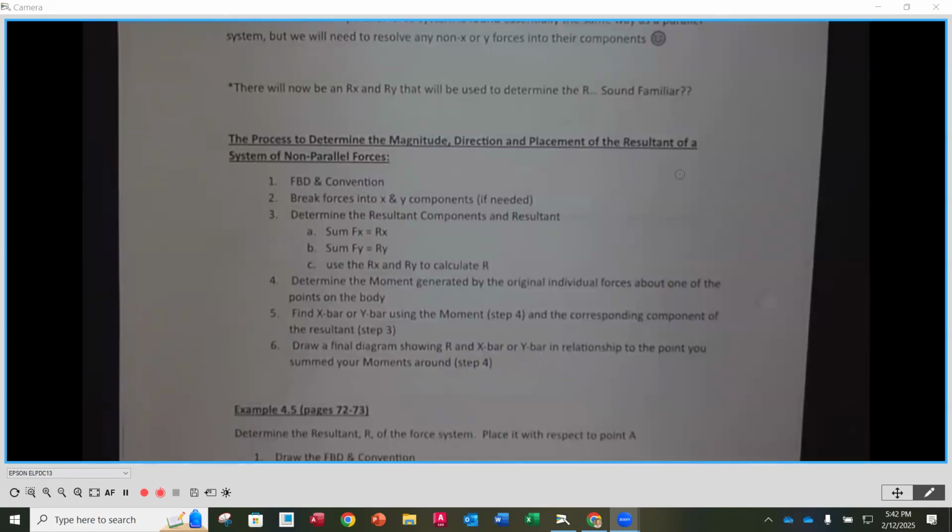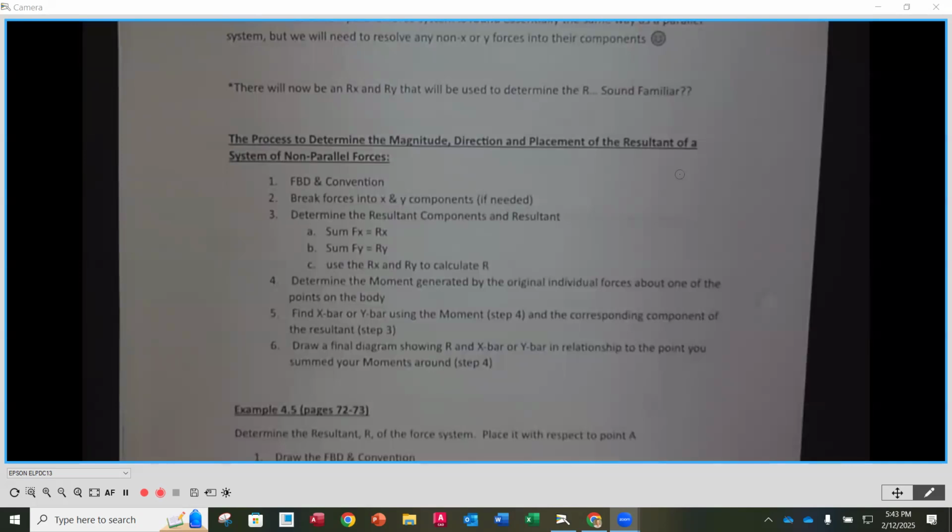And we're going to continue to use what I'm going to call the new convention that includes not only the forces positive, but also the direction of the moment. Then you're going to notice that we're going to break any forces that are not on the X and Y axis into their components. So it says here if it's needed. So we might find that some forces are vertical and horizontal, but others that aren't, then we are going to have to find those X and Y components.